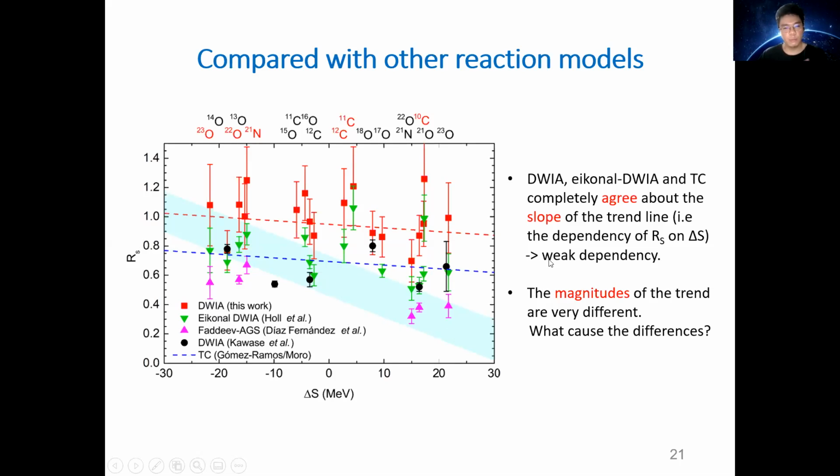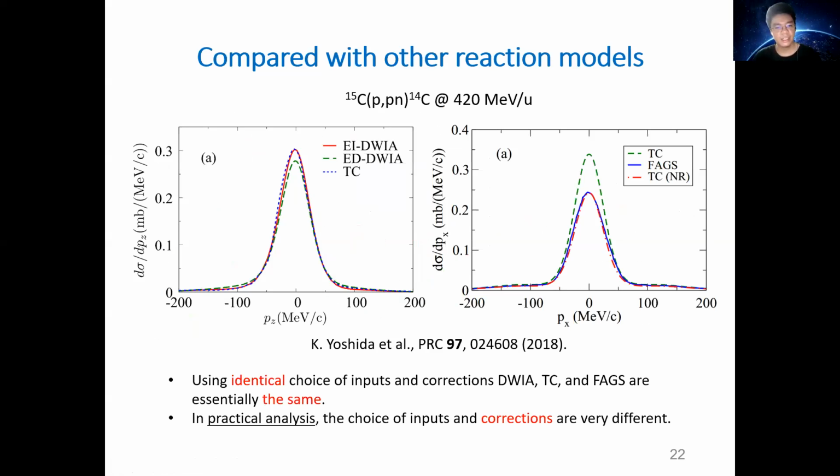So then we know now for sure that the slopes of the models are in good agreement with each other. Then why are the magnitudes of the trends different? What caused this difference? This is the work by my Japanese colleague, in collaboration with the Sabin groups.